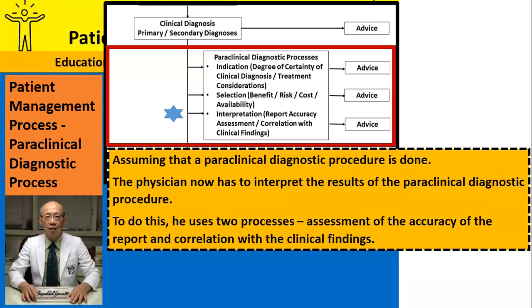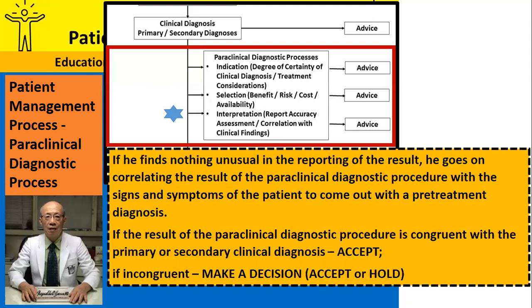Assuming that the paraclinical diagnostic procedure is done, the physician now has to interpret the results. To do this, he uses two processes: assessment of the accuracy of the report and correlation with the clinical findings. If he finds nothing unusual in the reporting of the result, he goes on correlating the result with the signs and symptoms of the patient to come out with a pre-treatment diagnosis.